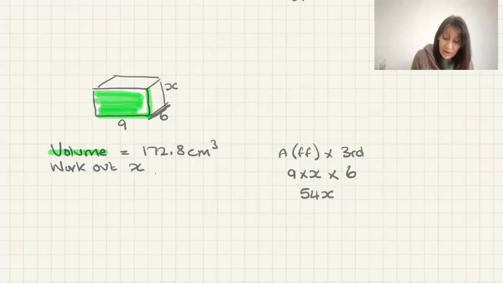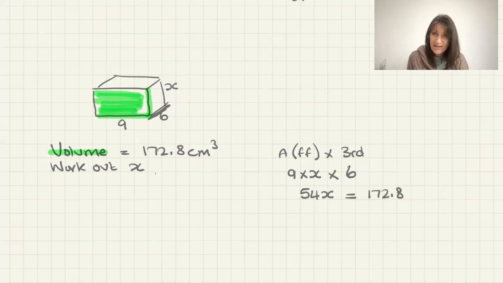And I know that this here is the volume of the cuboid because I've used the formula. So this is the volume. And I know that this is the volume as a numerical answer. So I can put these two together because they are the same thing. I know that 54 times something is going to give me 172.8.